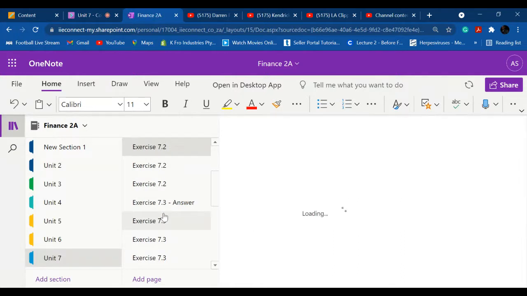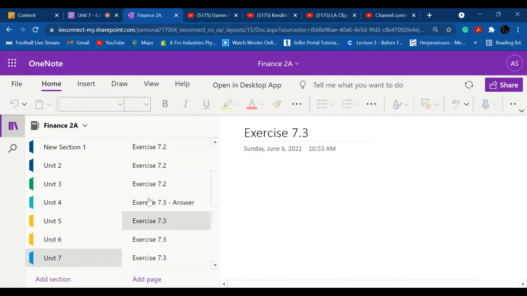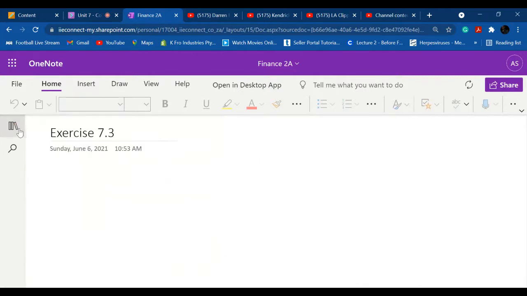Move on to 7.3. Okay, whilst that loads, oh, we did actually already read it.